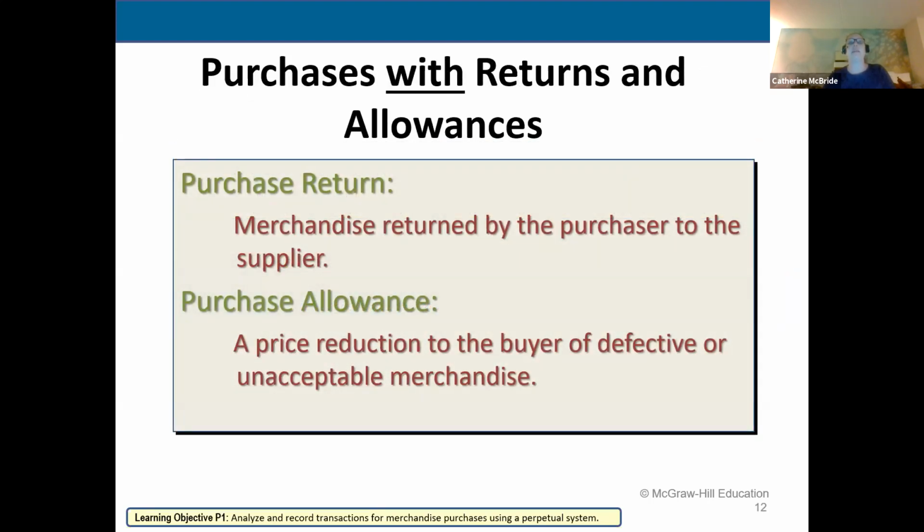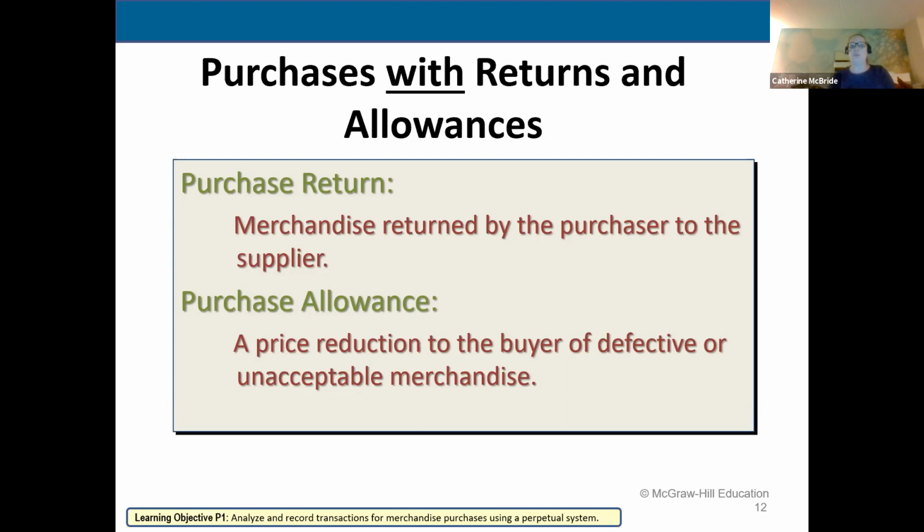All right, now let's say that we have a purchase and then we're looking at returns and allowances. When we sell inventory, we have the sale. Sometimes somebody will return inventory.